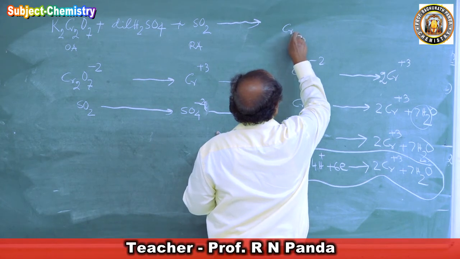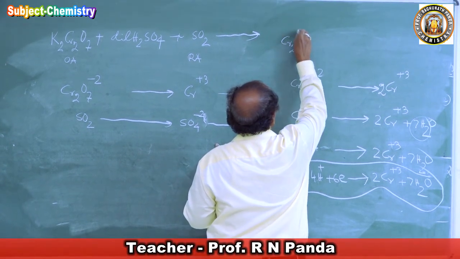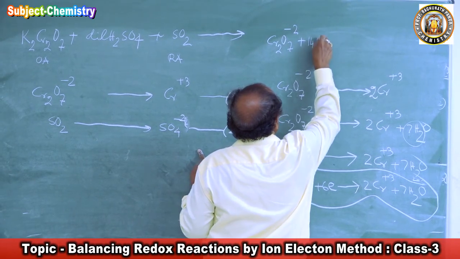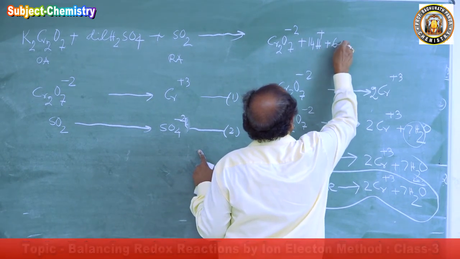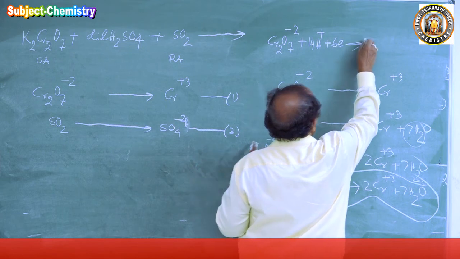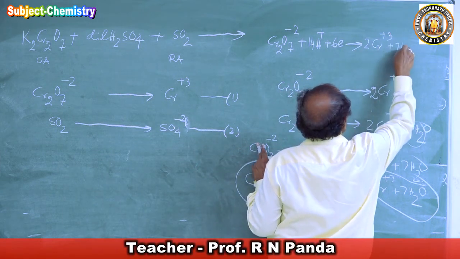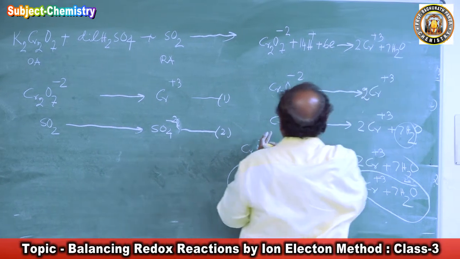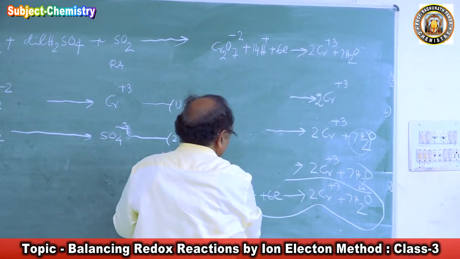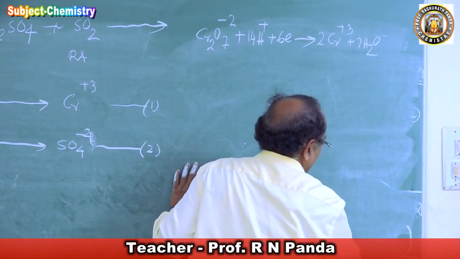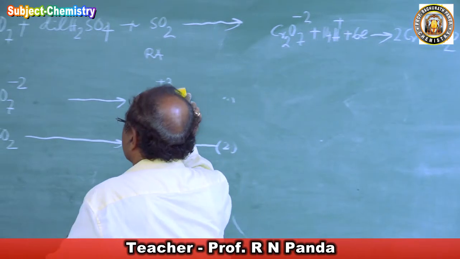Here I am writing the standard equation for potassium dichromate, which I will use in almost all reactions involving potassium dichromate, so that you will save a lot of time in solving our equations.